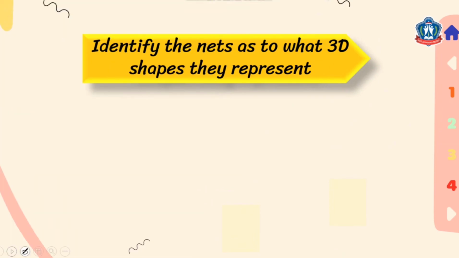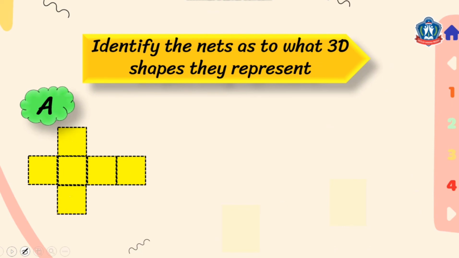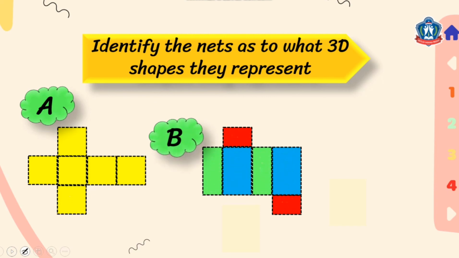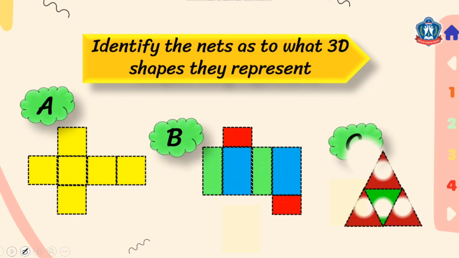Okay, children, I have here different nets of 3D shapes. Let's try to identify what 3D shapes they represent. We have net A, net B, and net C. Can you name these 3D shapes? How about net A?